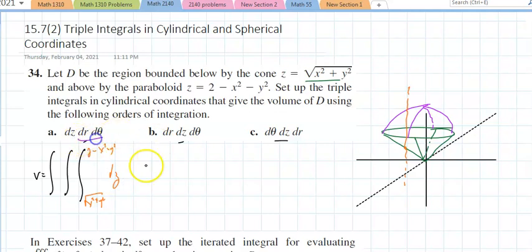Then r dr d theta, well, the shadow on the floor, if I look at this, is going to look like a circle.